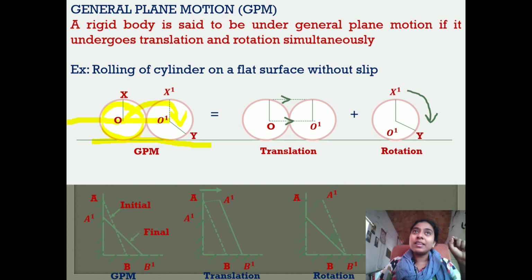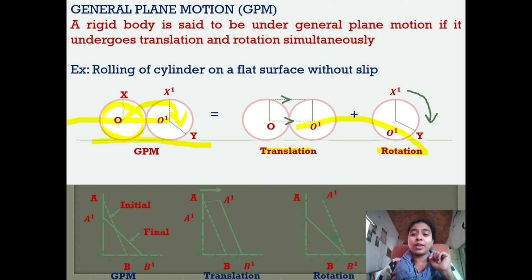So the center O will be subjected to linear motion and the other parts will be subjected to rotational motion. So it is a combination of both translation and rotation. O is moved from O to O dash because of translation, and X is moved from X to X dash due to rotation. That is why this is an example for general plane motion.